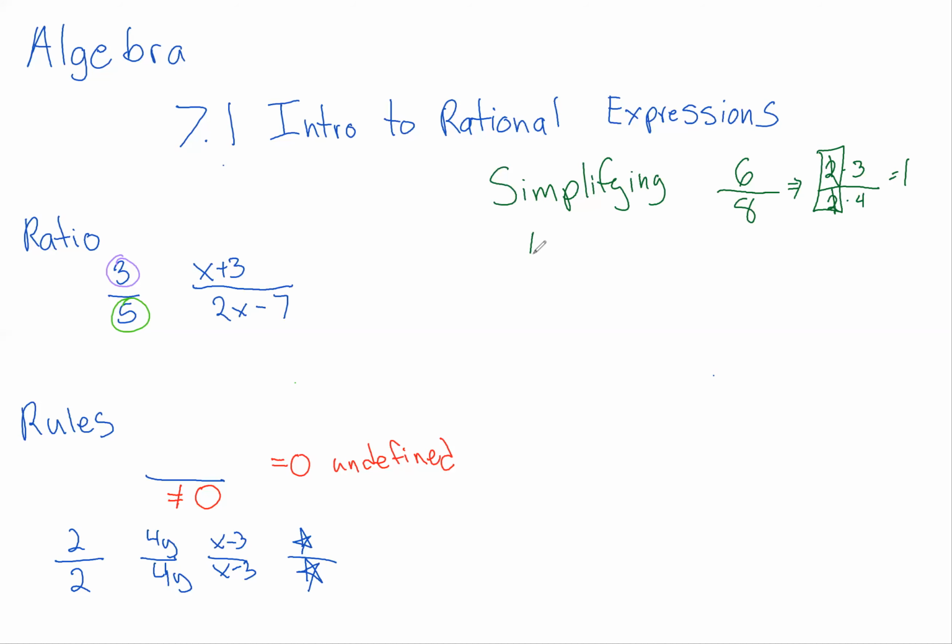And if I take 1 and multiply it by anything, it's that same thing. So 1 times a star is star. 1 times 3 over 4 is 3 over 4. 1 times x plus 7 over x plus 3 equals x plus 7 over x plus 3.